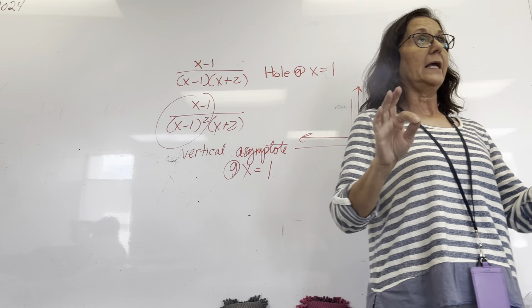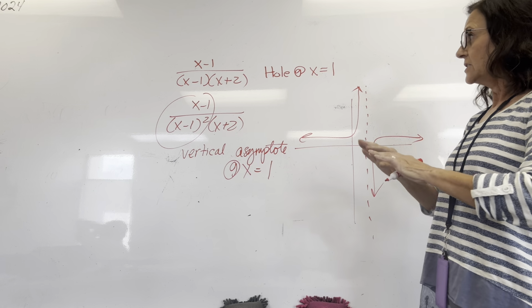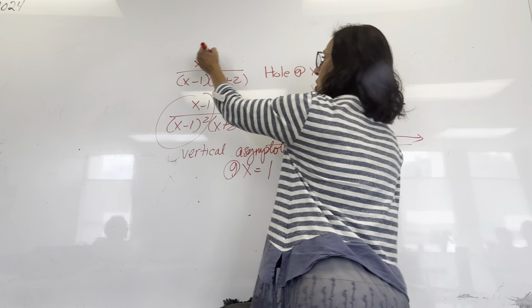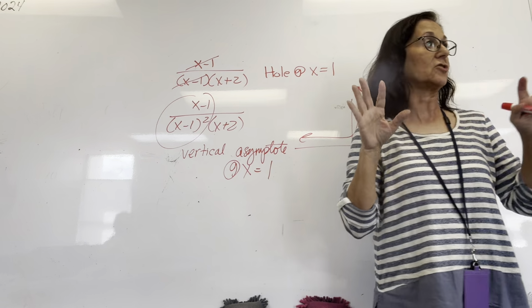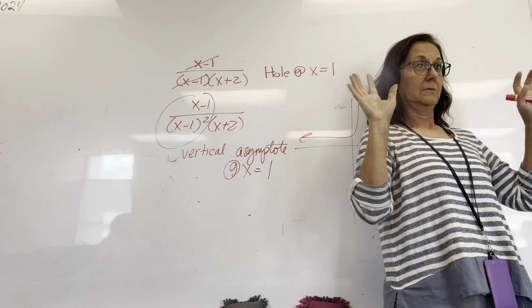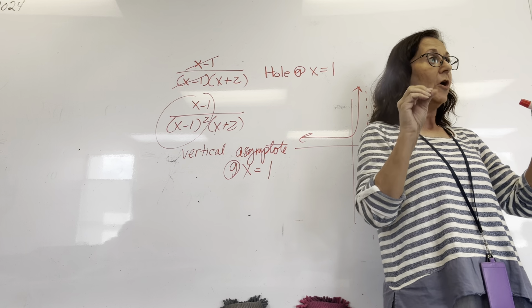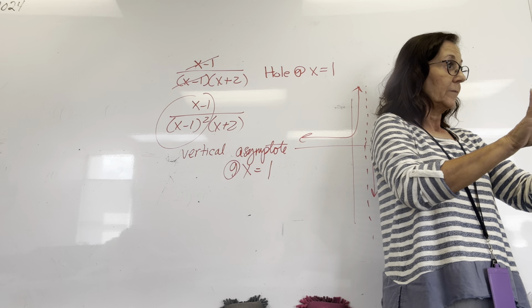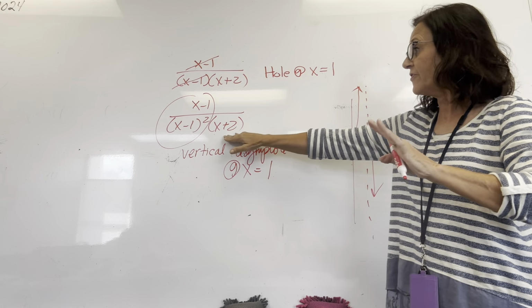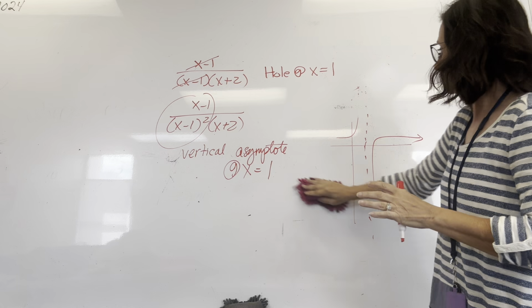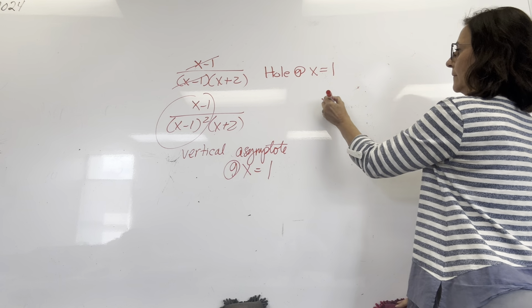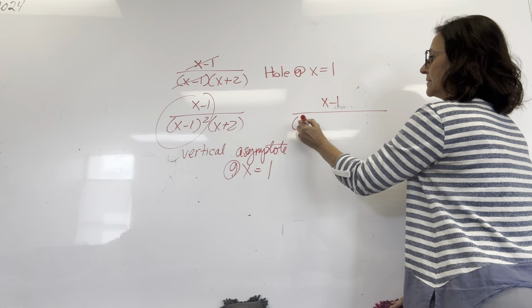So literally, hole in the graph when a term can be completely canceled. Hole in the graph when there's a factor that can be completely canceled. When you have this, you would have this.